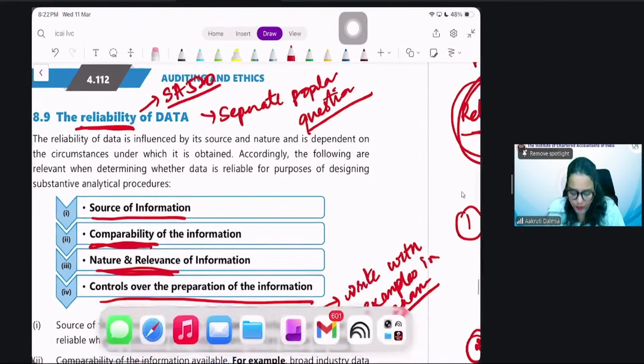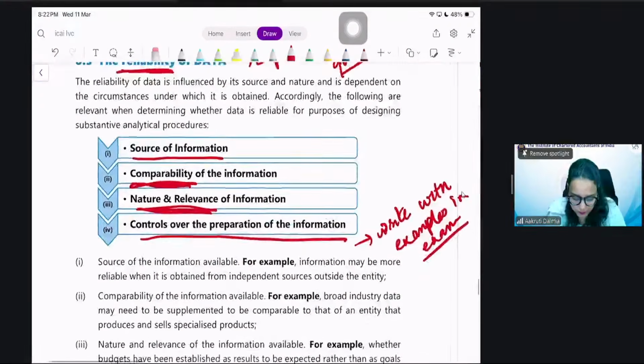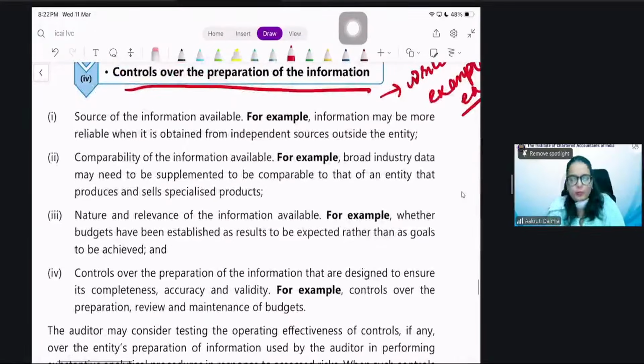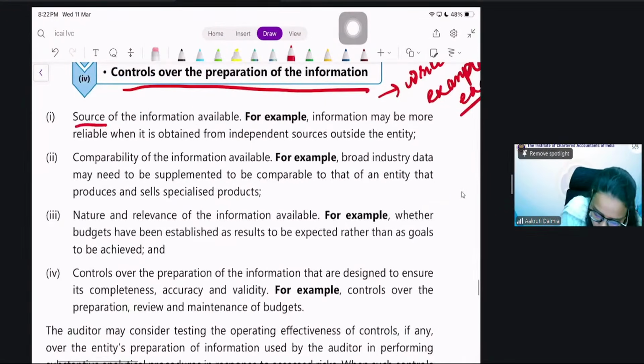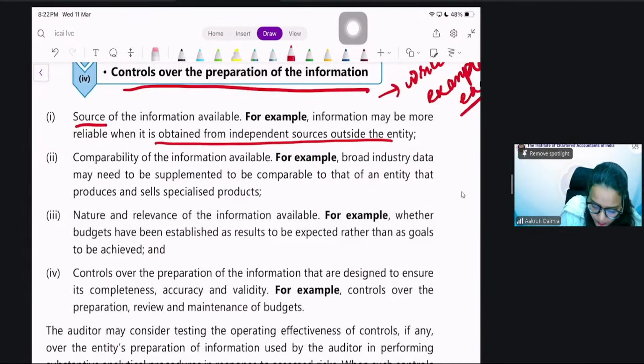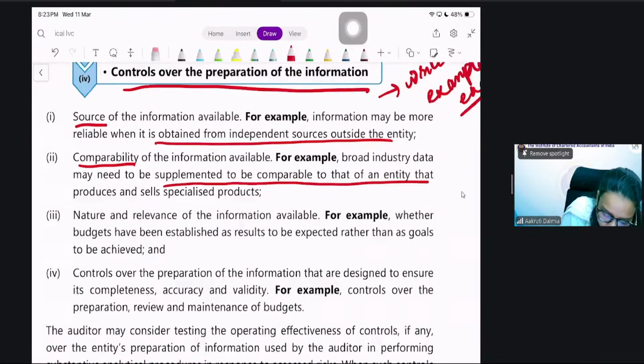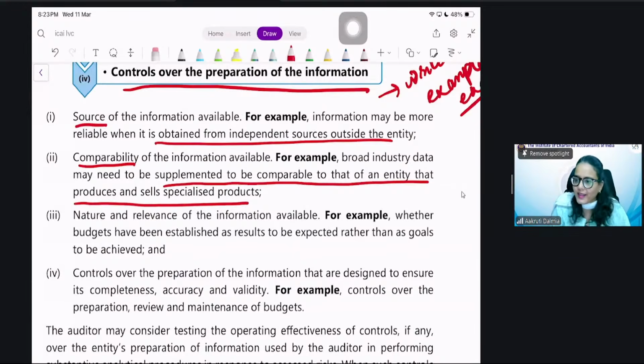If you get this question in exam, these points you have to write with examples. So source of information should be available. Information may be more reliable when it is obtained from independent sources outside. Comparability. Broad industry data may need to be supplemented to be comparable to an entity that produces and sells specialized products. So I gave you the example of jeans and saris.